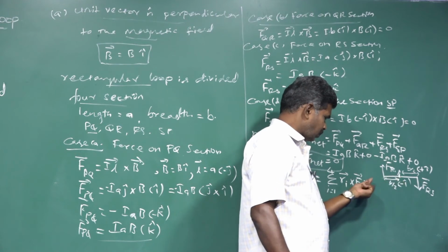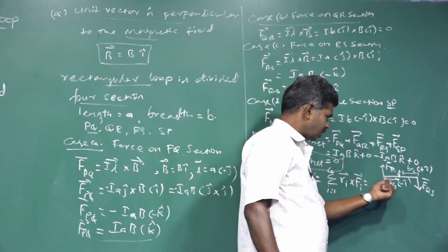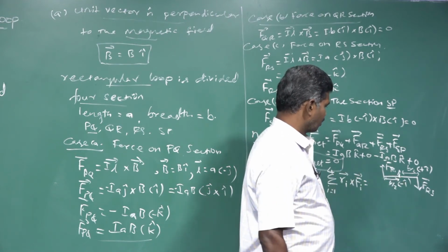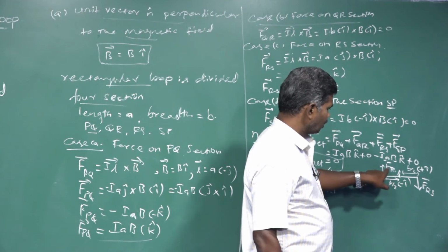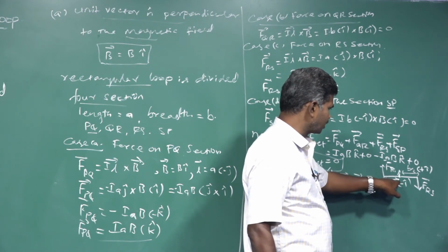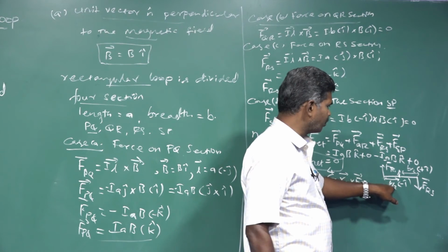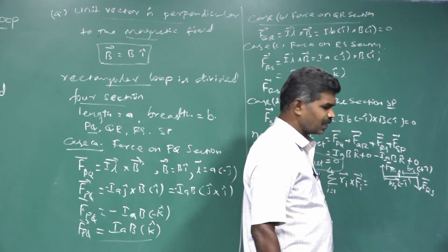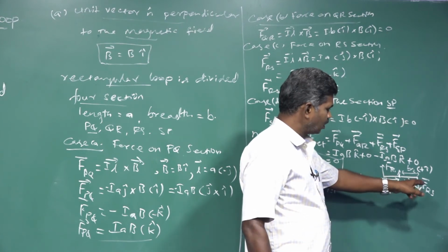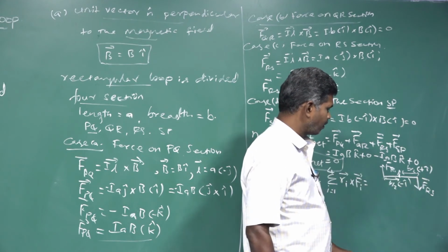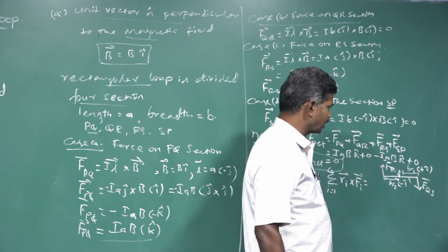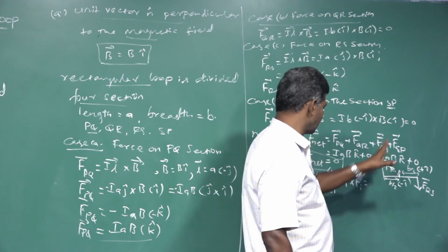To this part, negative x direction. That's why we are mentioning that. For F PQ vector, the perpendicular distance is going to be b by 2 into minus I cap. For F RS vector, the perpendicular distance is going to be b by 2 plus I cap.